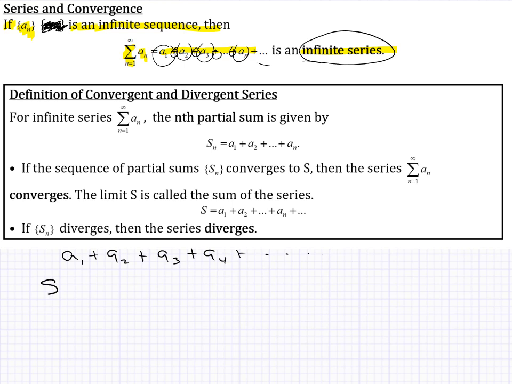The first partial sum, which we could label s sub 1, would just be the first term. The second partial sum, s sub 2, is the first two terms added together. The third partial sum, s sub 3, will be the first three terms added together.